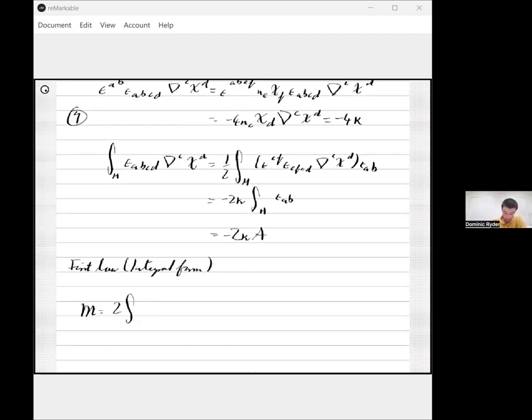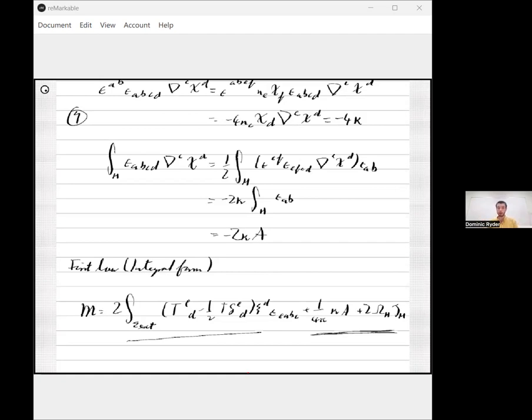M equals 2 integral over sigma x T_ab minus a half T g_ab, psi D, sigma b, I'm sorry, ABC, plus 1 over 4 pi kappa A plus 2 omega H J H. Now this has a natural interpretation, with the first term being the contribution to the mass of the spacetime by the matter that's in the exterior region, outside the event horizon, and these other 2 terms are the contribution of the black hole.